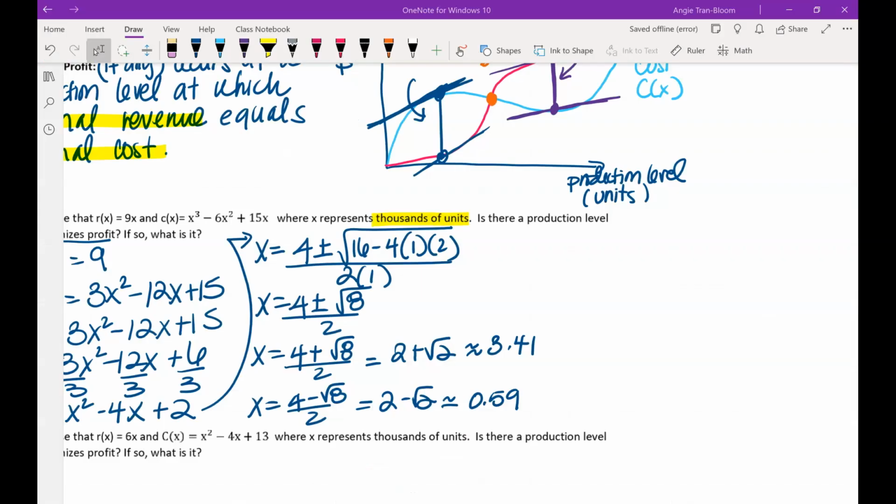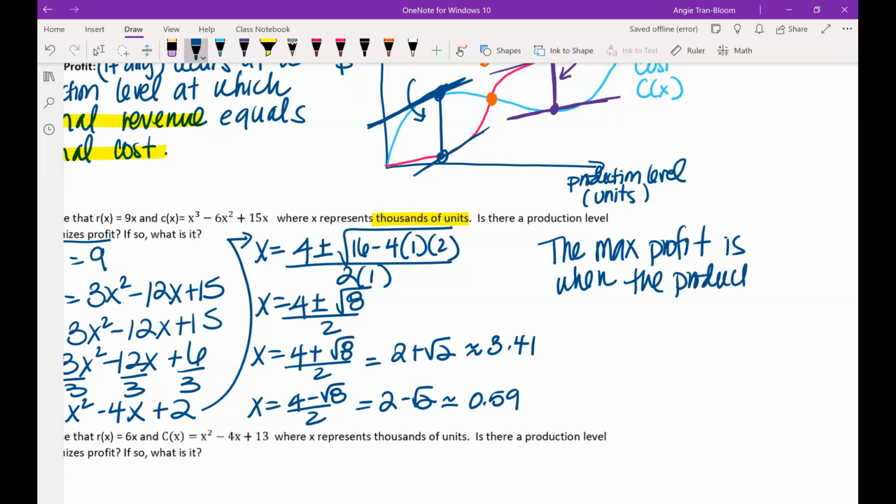And then obviously you know that the most money that you're going to make is the later, the bigger x. So let's write our complete sentence here. The max profit is when the production level is, we need to move it 3 decimal places.